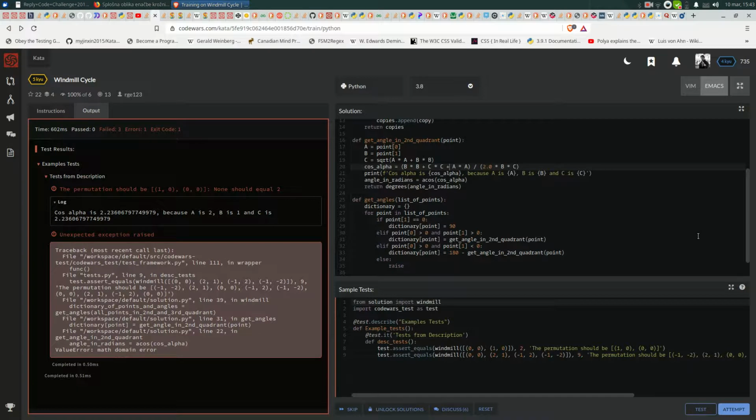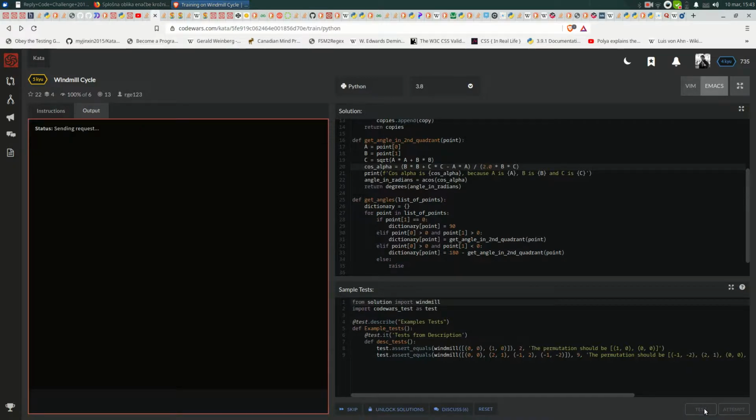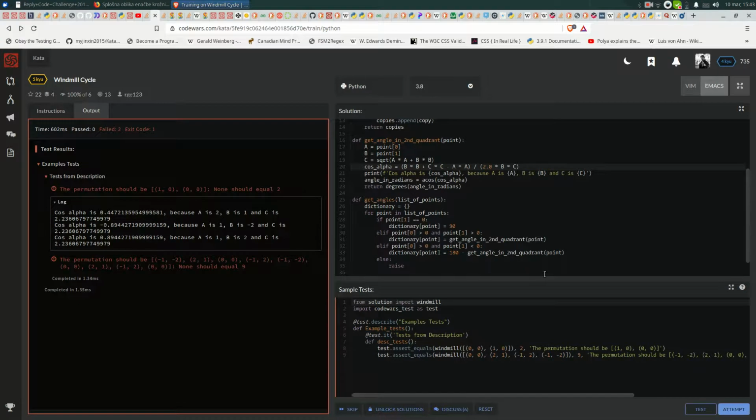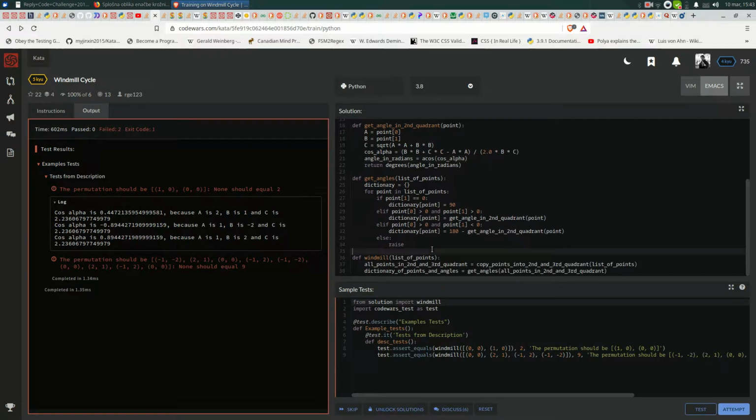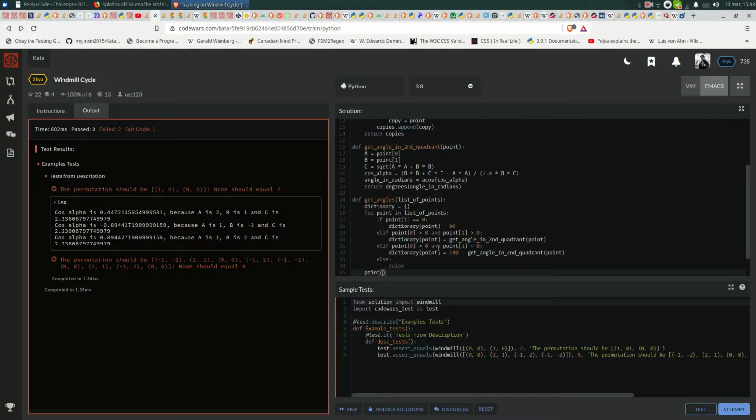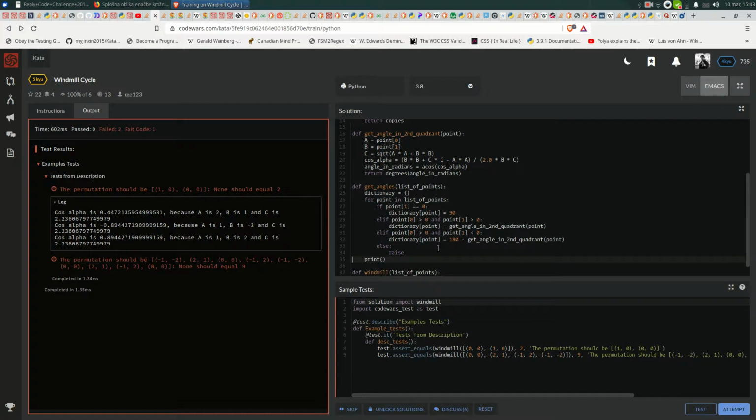Let's say minus A times A. Yay, it all works out. It's minus A times A. Alright. And here we just do that. So over here, in the end, just print out the dictionary. Test it out.